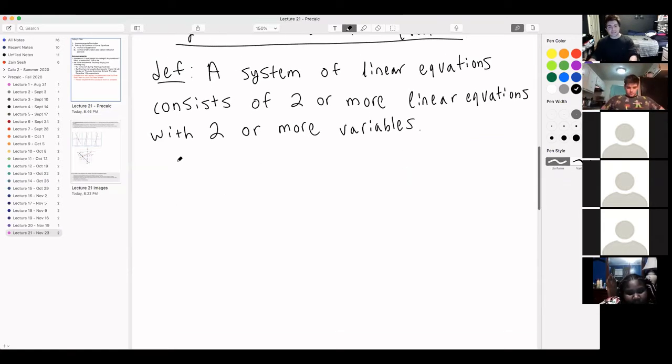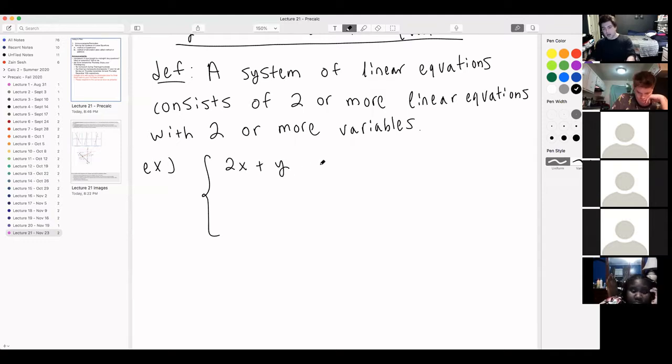So here is an example of such. You open up a curly bracket, and then you place your equations inside of this. So here's an example: 2x plus y equals 15, and 3x minus y equals 5.